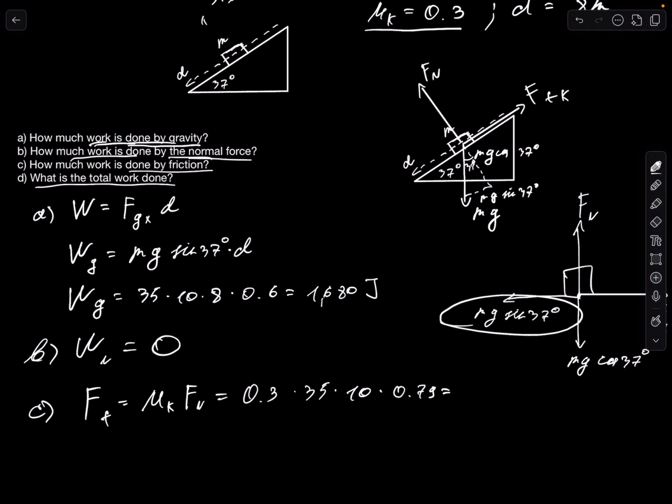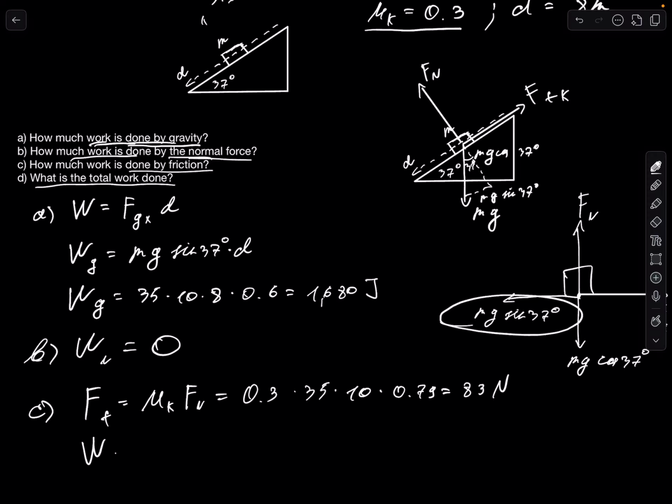So all of it is going to give us 0.3 times 35 times 10 times 0.79. This gives us basically 83 joules. No, this is newtons, sorry. This is just the force. We haven't touched the work done by friction yet.